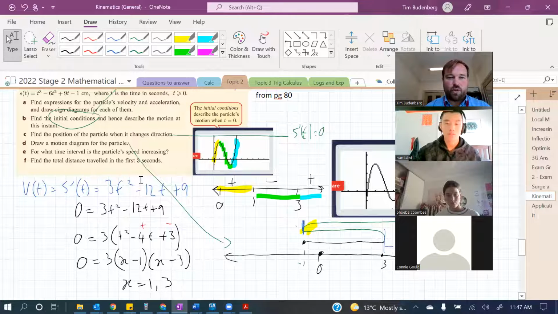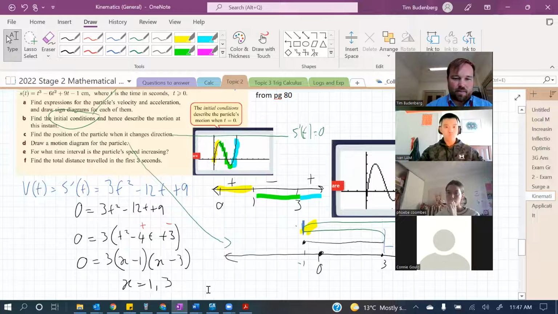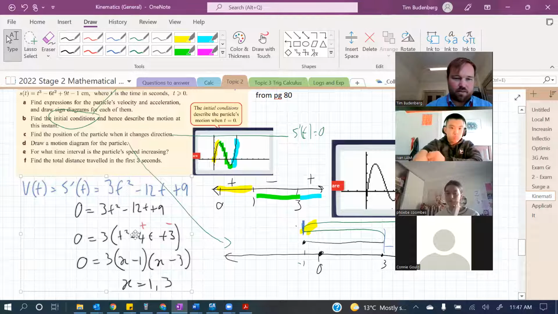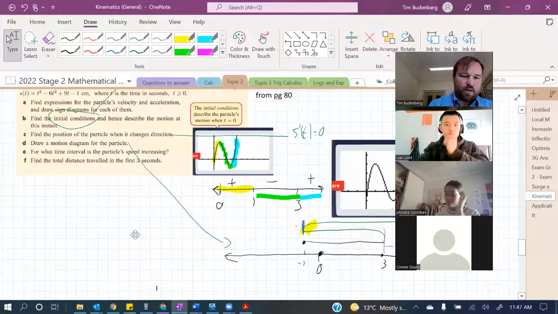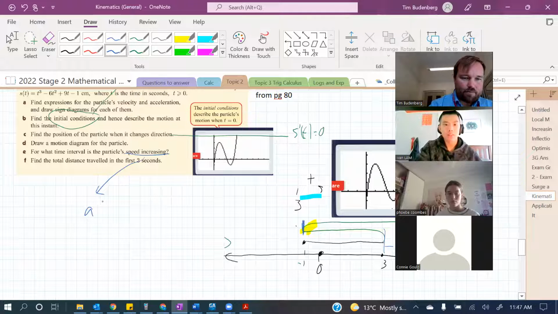What time interval is the particle's speed increasing? All right, speed. I've got to clear some space here. Do you mind if I delete all that stuff? Speed is increasing when acceleration is greater than 0.